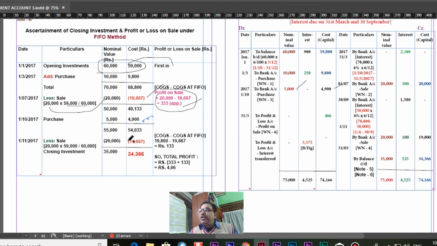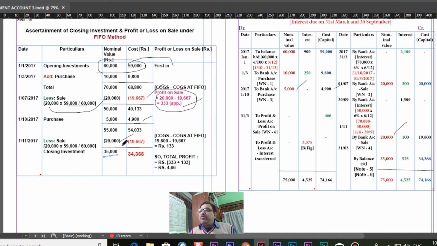I put it here. Naturally, we got 54,033. And now again there is a sale of bonds of rupees 20,000. Yes, I put it here. Naturally 35,000 was there.